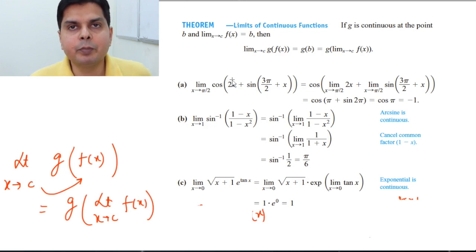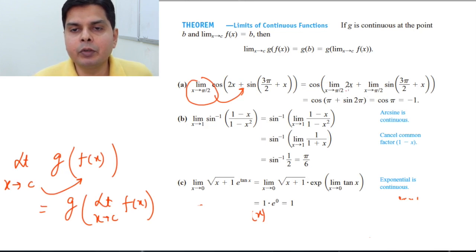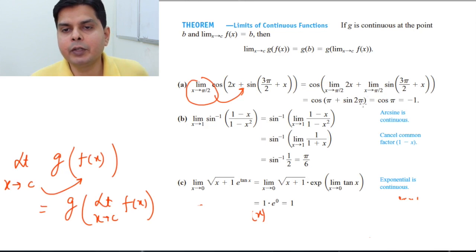Now some examples based upon this theorem. Suppose I have to find the limit x tends to pi by 2 of cos of this whole thing. Since cos is a continuous function, I can take this limit operation inside the bracket. So it will be cos of this limit. When x tends to pi by 2, this 2x will become pi and this will become sin 2 pi, so this will become cos pi, which is equal to minus 1.